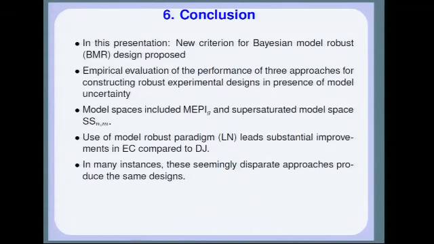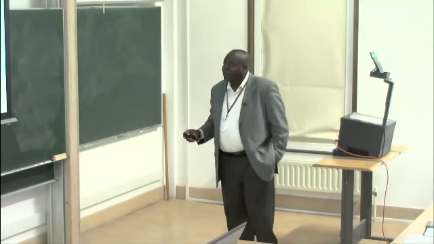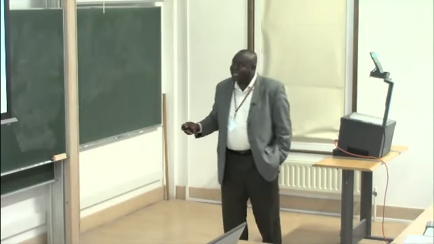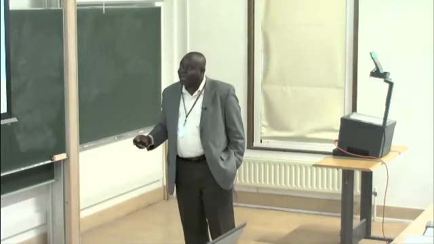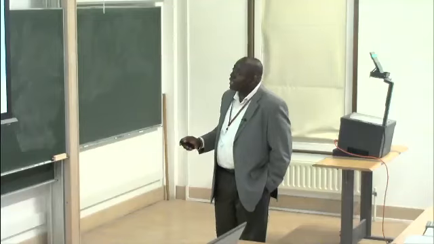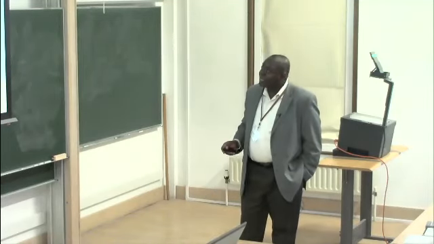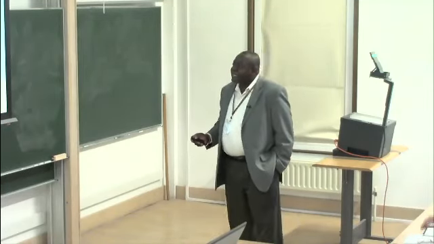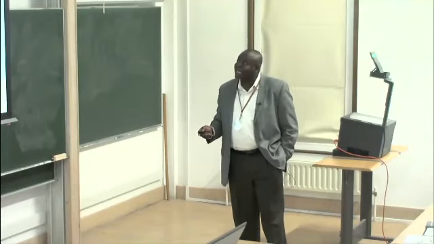We see that the use of the robust model paradigm of Lin and Einstein leads to substantial improvement, especially in the estimation capacity, compared to the Dumichel and Jones approach. But in many instances, all these approaches seem to produce the same or close designs.